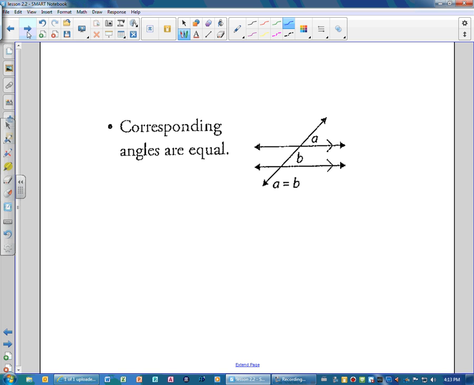Corresponding angles are equal. We went over that a lot in 2.1, and sometimes we call this the F rule. So this angle is the same as that, and in a weird way they form an upside down F. So this line and this transversal, an interior angle here, and an angle created there.